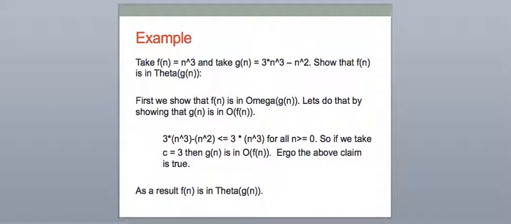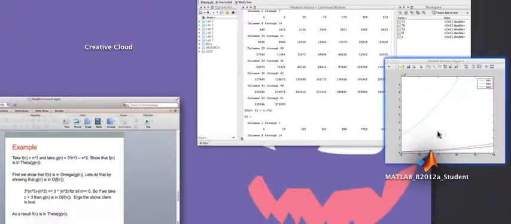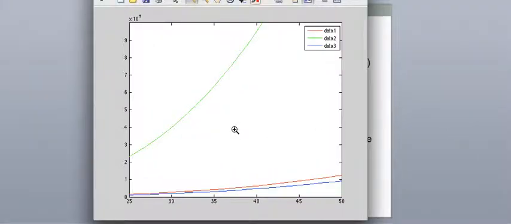The thing about these proofs is that you need to modularize it into two parts. Show that f of n is in omega of g of n, and then show that f of n is in big O of g of n. I made a nice illustration to demonstrate exactly what's going on. This is a picture that I made in MATLAB, and I took those exact same functions, but augmented them with constants.